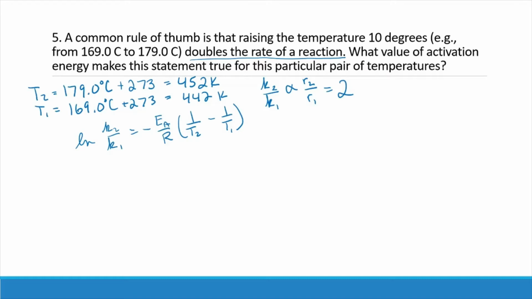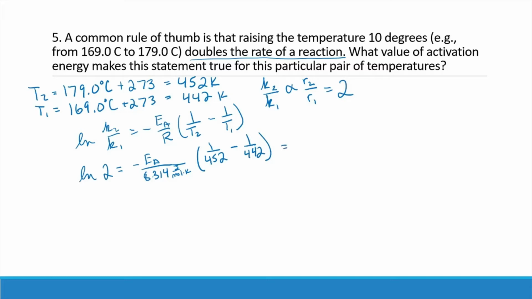And we know that k2 over k1 is equal to 2, so the natural log of 2 is equal to negative Ea, that we're solving for, divided by R, which is 8.314 joules per mole Kelvin, times 1 over T2, which is 1 over 452, minus 1 over T1, 1 over 442.